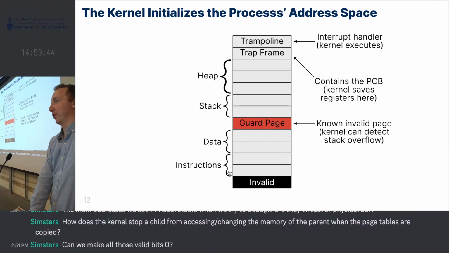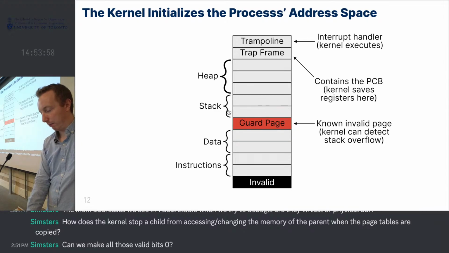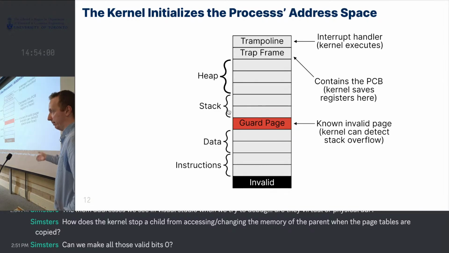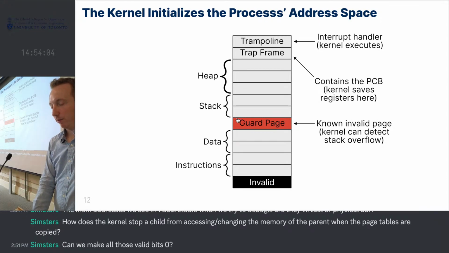Other than that, the kernel would be responsible for allocating some pages for the instructions based off your file, and some pages for data based off all your global variables and everything. And then for the stack, it would allocate however many pages it needs to fill 2 megabytes. Then it would put a guard page right under it, assuming our stack grows downwards.